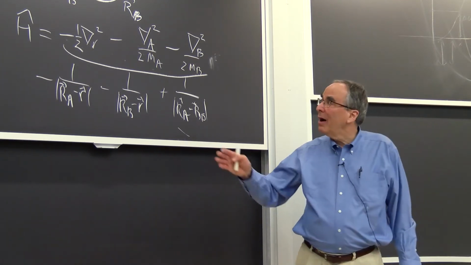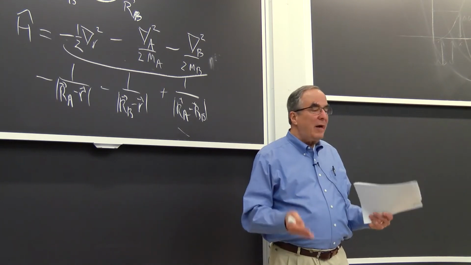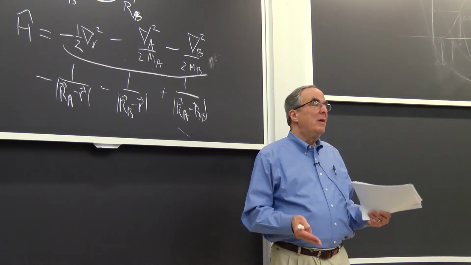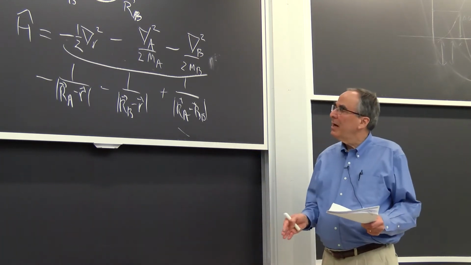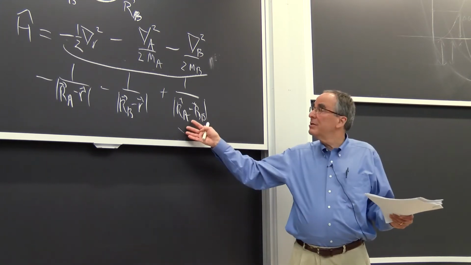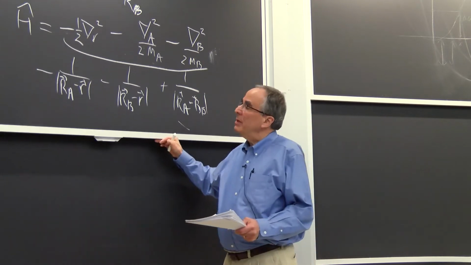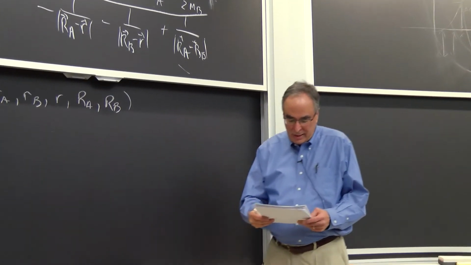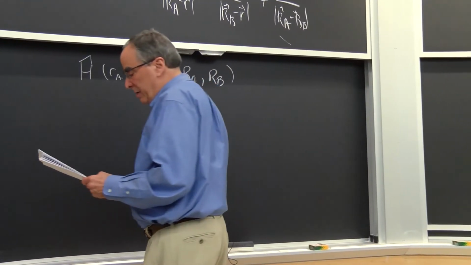But basically, you are thinking about this as the problem of finding the electronic wave function at a grid of points. And so that turns all of the big R's into parameters, not operators, and simplifies the problem enormously.